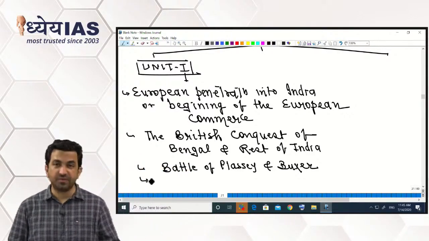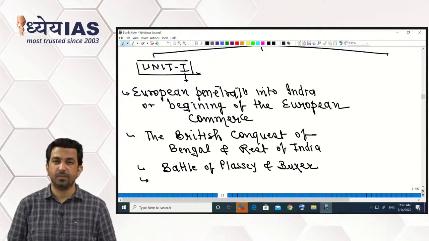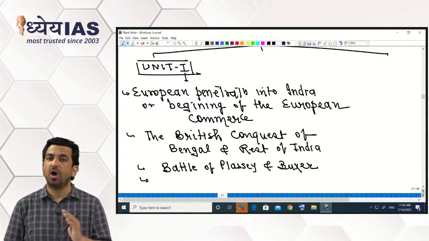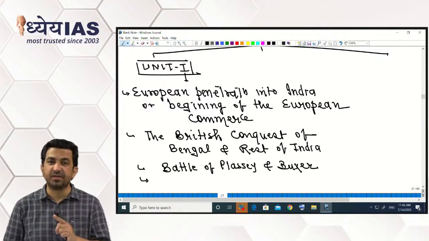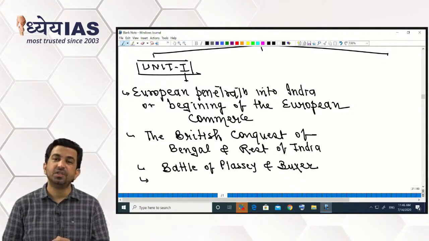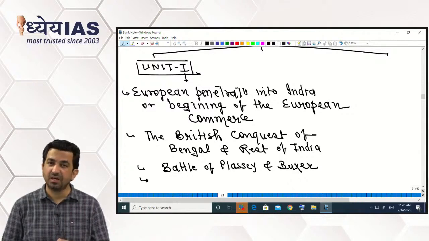In between these two battles, between 1757 and 1764, another battle of far-reaching consequences was fought between the Maratha powers led by Sadashiv Rao Bhau, a Maratha commander, and the Afghan ruler Ahmad Shah Abdali on the battlefield of Panipat, in Haryana, in 1761, called the Third Battle of Panipat.